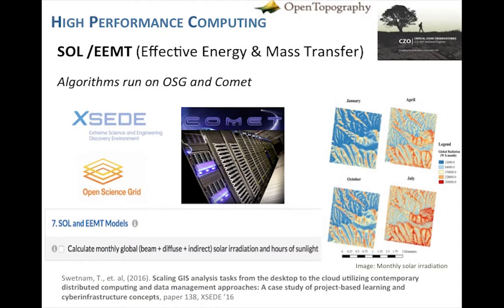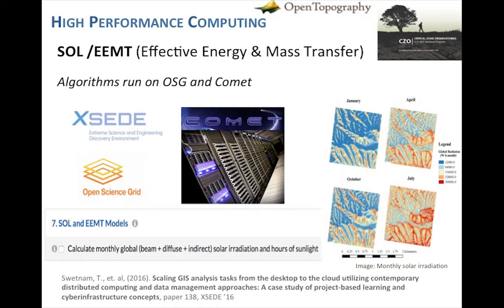So then moving on to the lessons from OpenTopography, we don't have numerical methods per se running in OpenTopo, but we are computing these higher level data products, which would be the sort of required input for many models. And a couple lessons. The first one is this effective energy and mass transfer tool, which was developed by Tyson Swetnam.